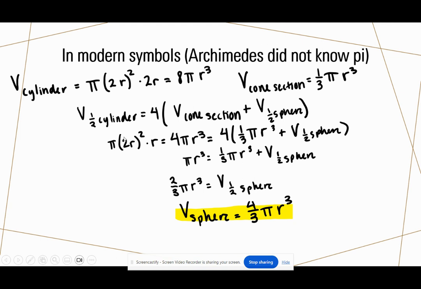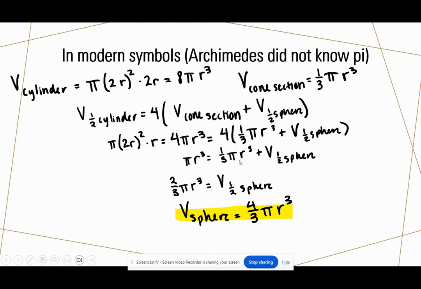And since we know how to find the volume of the cylinder as well, that's just pi times 2r squared, times r, because this is the height, and simplified down, that's 4 pi r cubed. Both sides now have this 4, so we can divide by 4 on both sides. And then this right here was just plugging in the volume of the cone section. So now we have pi r cubed equals 1/3 pi r cubed plus 1/2 the sphere.